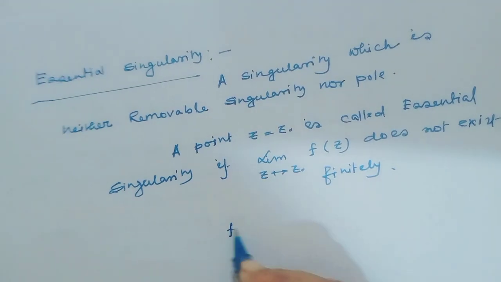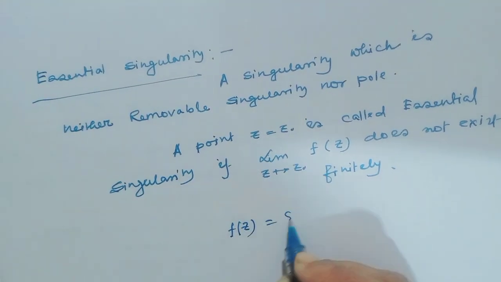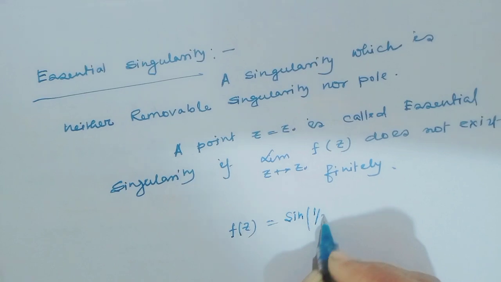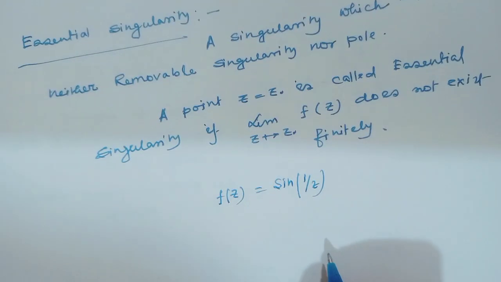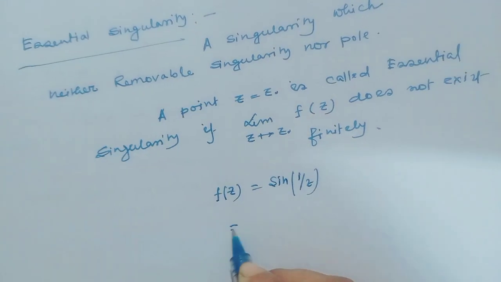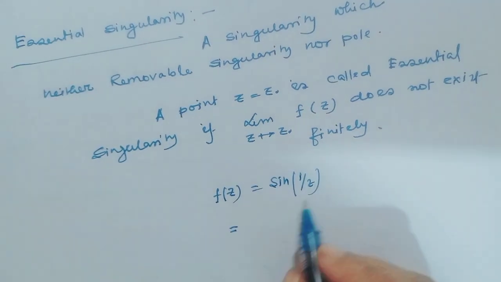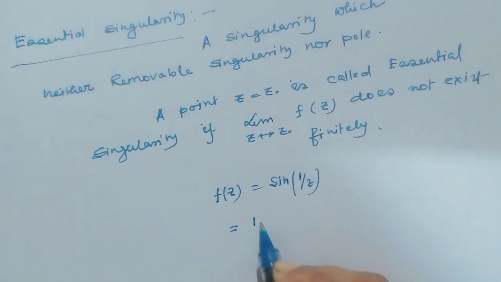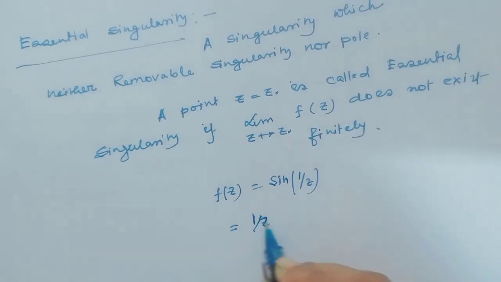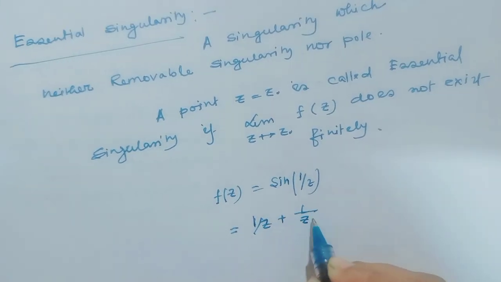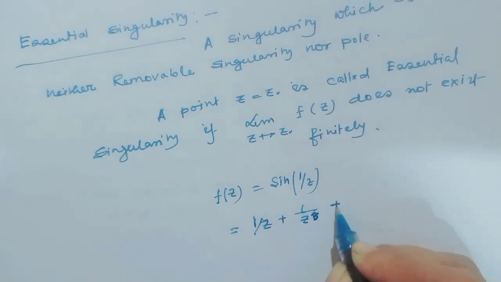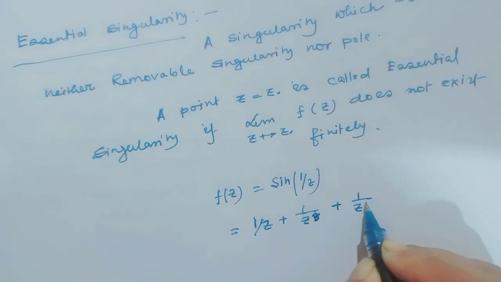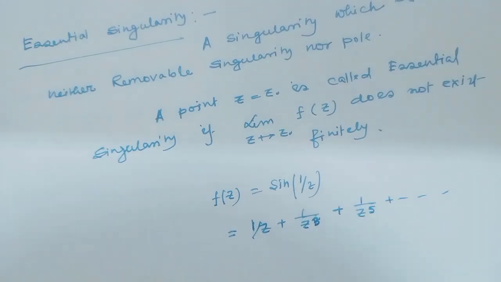As for example, f(z) equal to sin 1 over z. z equal to 0 is an essential singularity because sin 1 over z means 1 over z minus 1 over z cube plus 1 over z to the power 5, and so on.